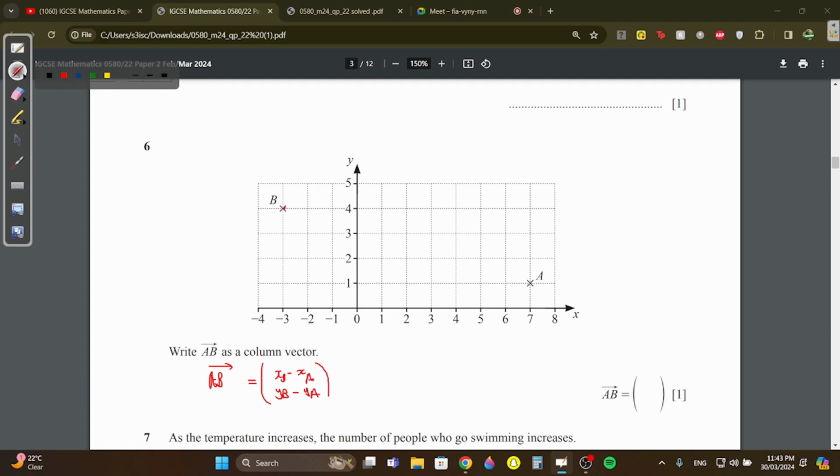In this case, you have 2 points, B and A. A is 7, 1, and B is minus 3, 4. So x of B, which is minus 3, minus x of A, which is 7, and then y of B, 4, minus y of A, which is 1. Let's work it out. Minus 3 minus 7 is minus 10. 4 minus 1 is 3. So your column vector AB is minus 10, 3.